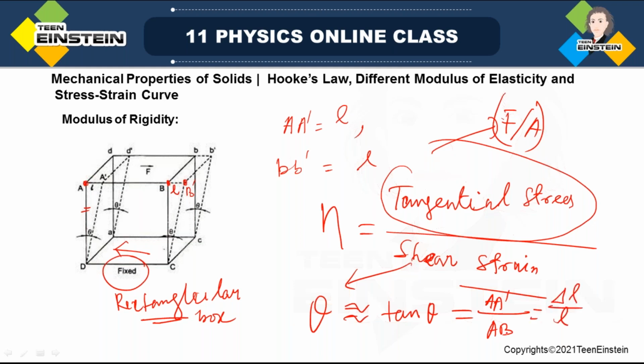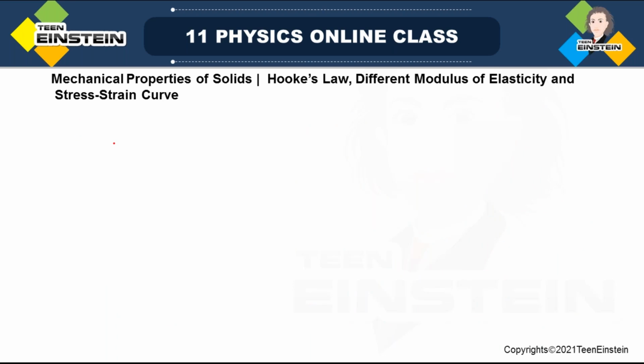So delta L by L. Modulus of rigidity we can now write as F by A by theta. Okay, so this is stress by strain.